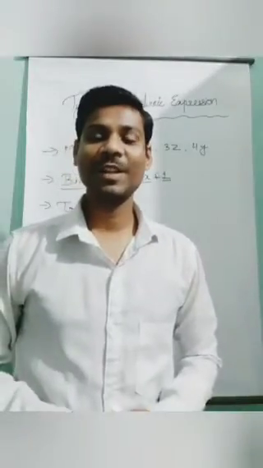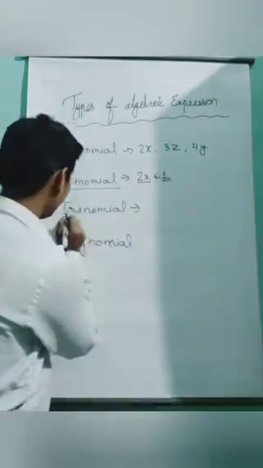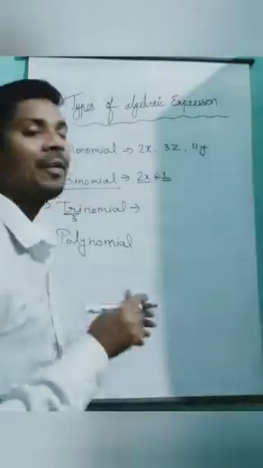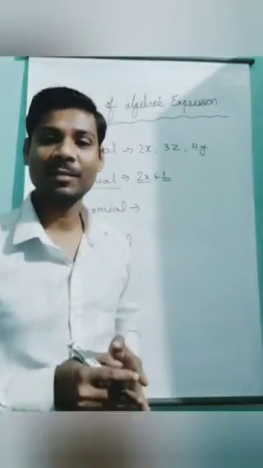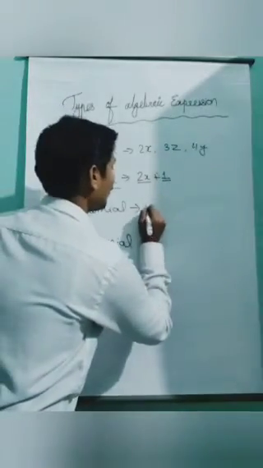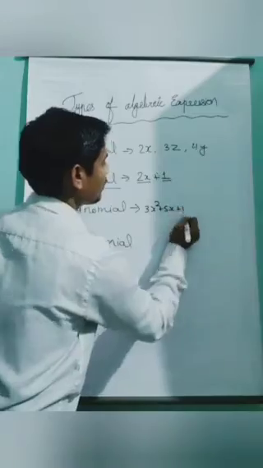Now see the next one, which is trinomial. Tri means three, or we can say an algebraic expression which has 3 terms. So we can write 3x square plus 5x plus 1.